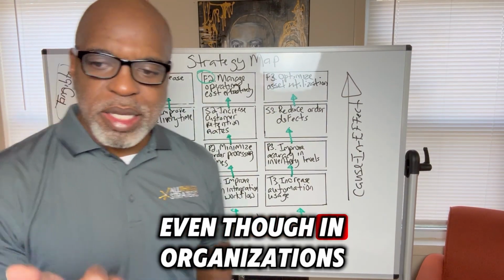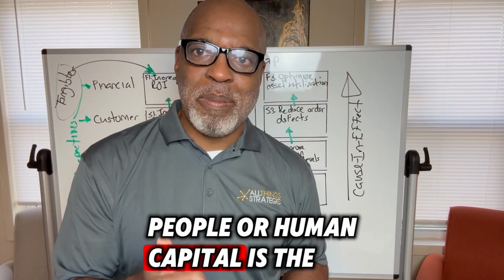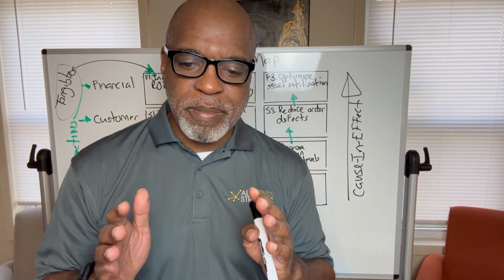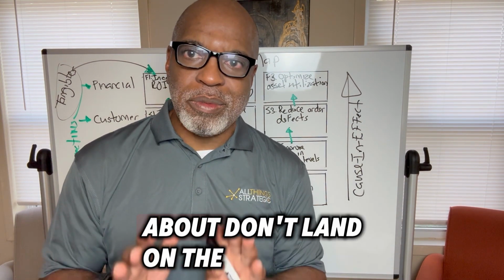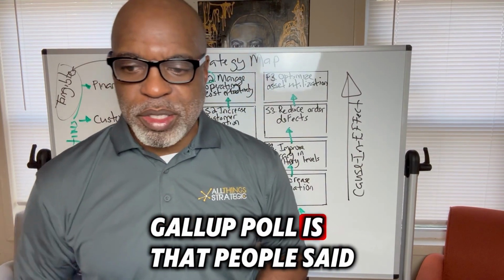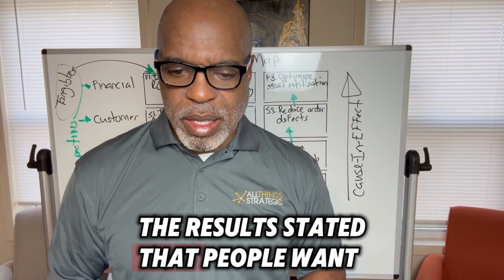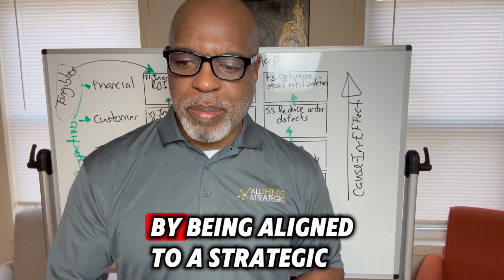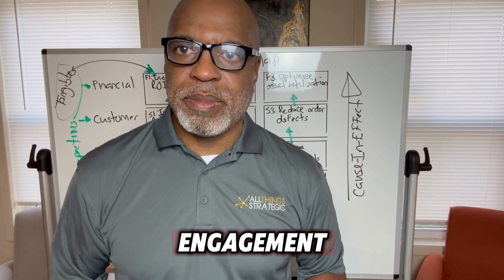Even though in organizations, executives always say people or human capital is the most valuable asset. Most of the time, that statement, or the people that they're talking about, don't land on the strategy. One thing we know through a Gallup poll is that the results stated that people want to be engaged within a company by being aligned to a strategic plan, and that increases their level of engagement.